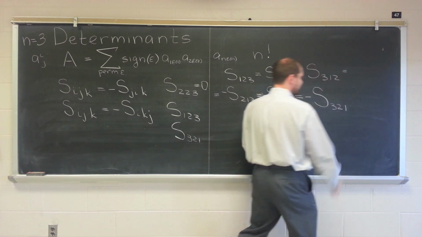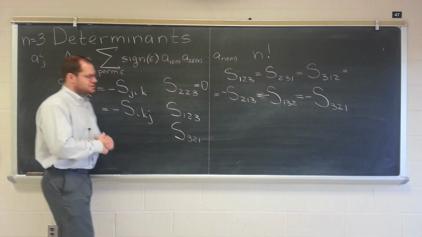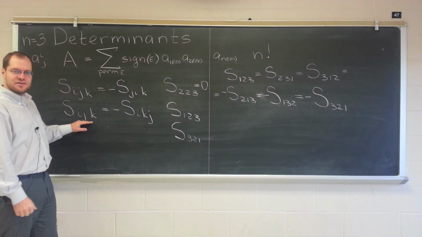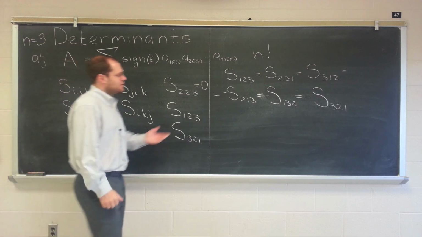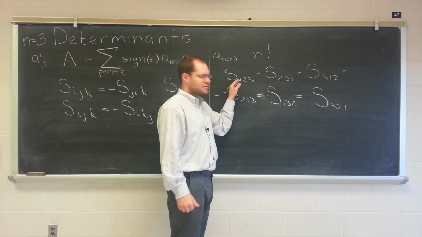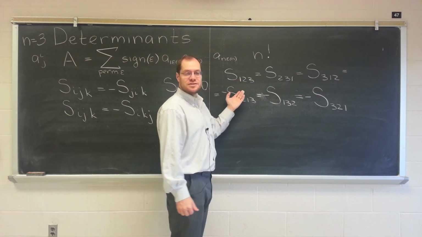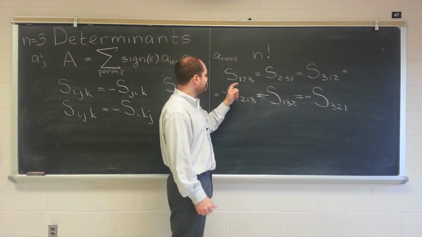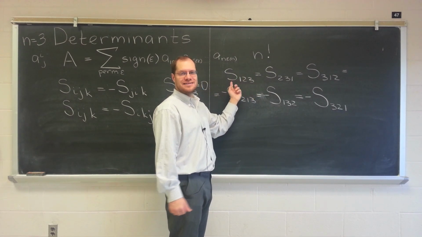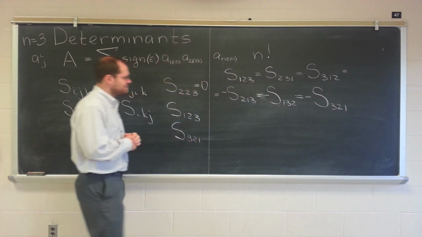So these are the 6 non-zero entries of a fully skew symmetric system, and they're all either S123 or minus S123.